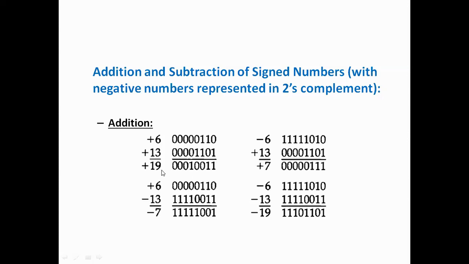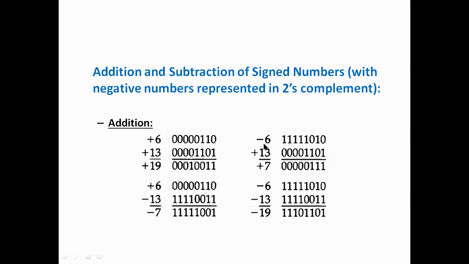Then we simply add them: 0 and 1 is 1, 1 and 0 is 1, 1 and 1 is 0, carry 1, and like that. And this number, if we see what it is, is 19. So this is plus 19.